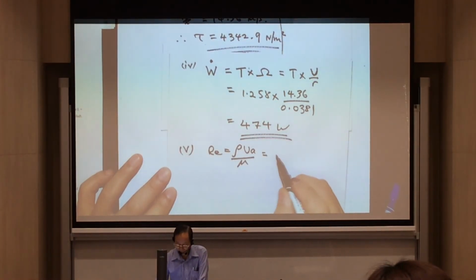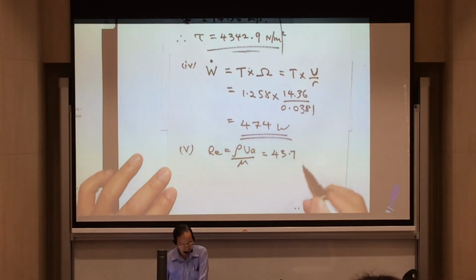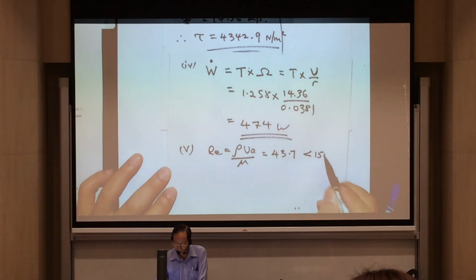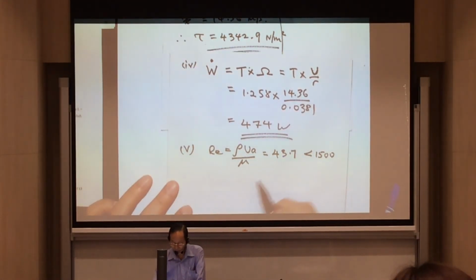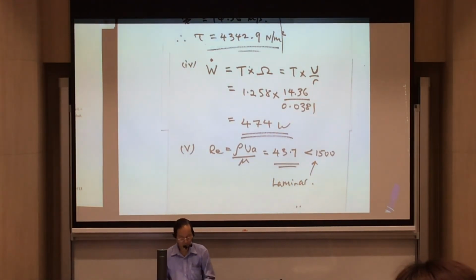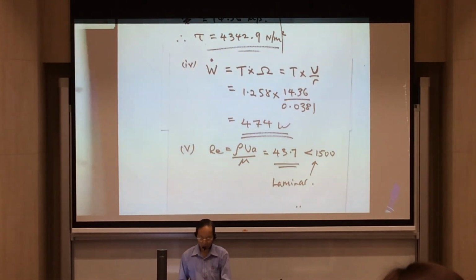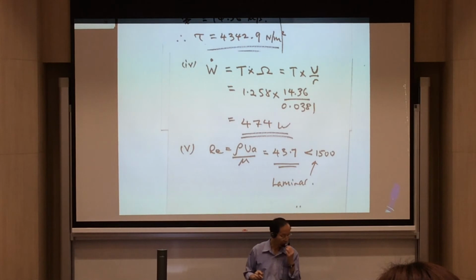Plug in all the numbers, and you get 43.7. This is very much less than 1500 or 2000 for transition. So laminar flow. That's very quickly part 1B. Done.